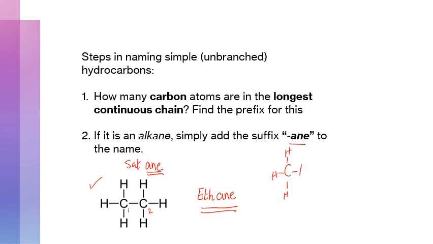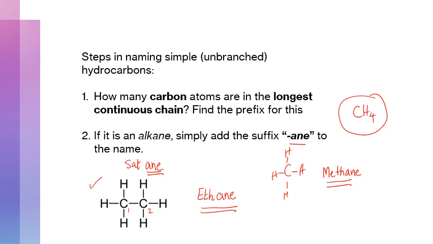Another example: a carbon with all bonds to hydrogen. We don't have a long chain here, we just have one carbon, so we use the prefix meth. Since it is saturated, with no double or triple bond, I end the name in ane. So this is methane. This is what you always hear, the methane gas.